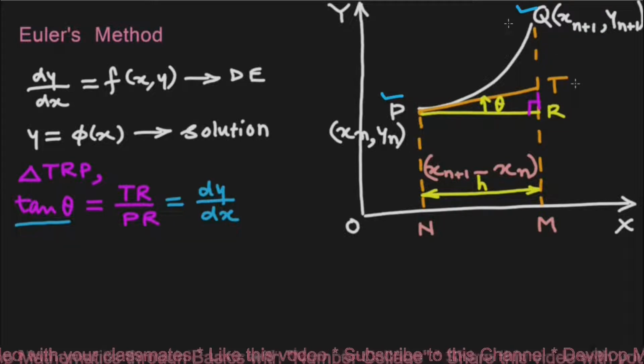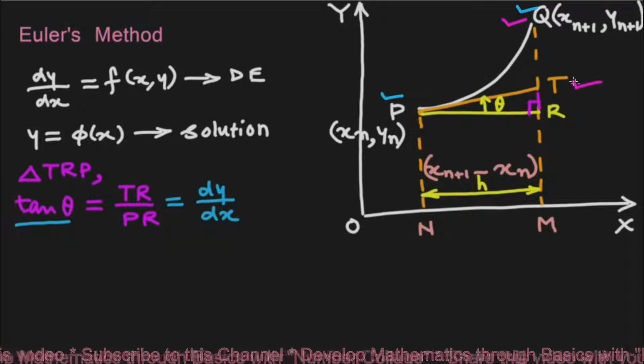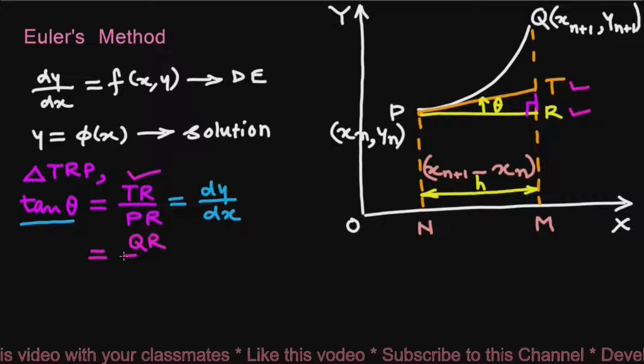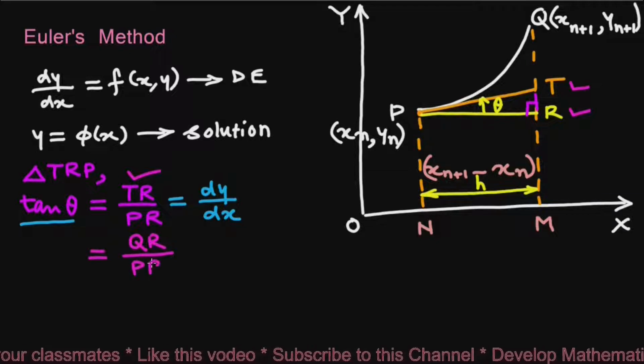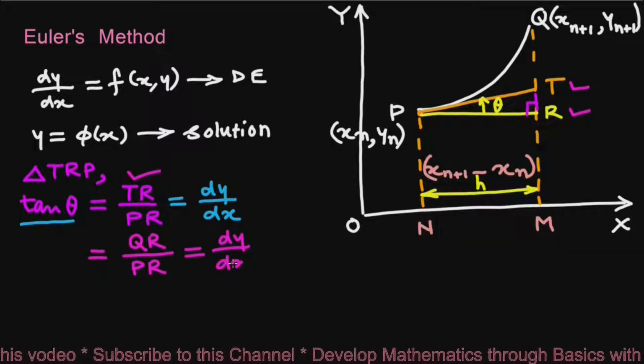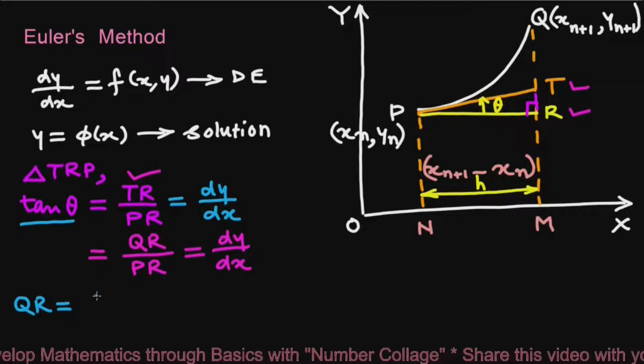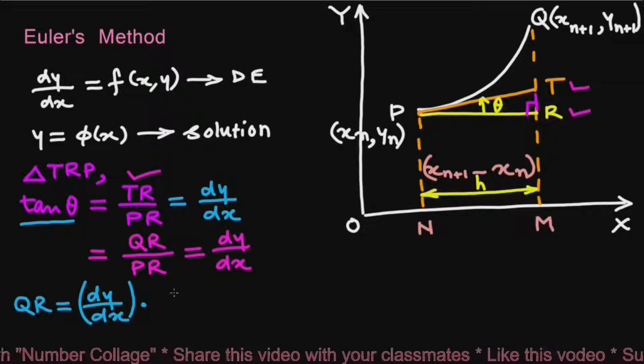So therefore points Q and T will be one and the same, so that in place of TR we can write QR, and write QR upon PR equals dy by dx. So that gives us QR equals dy by dx multiplied by PR.